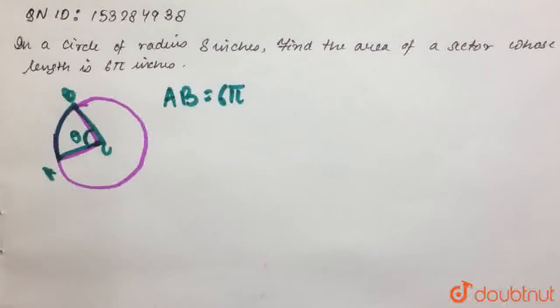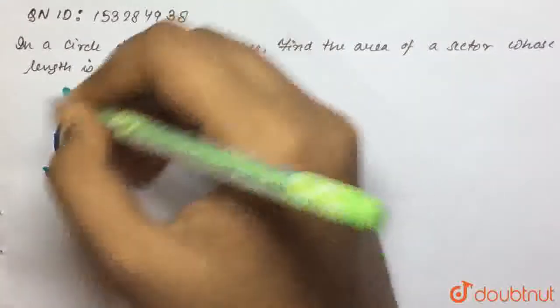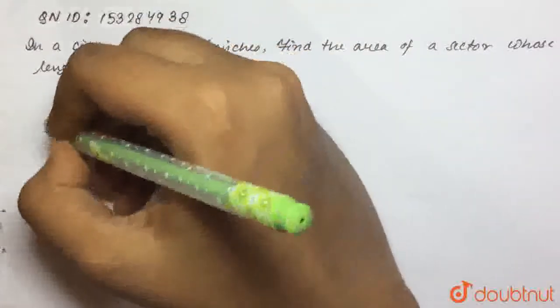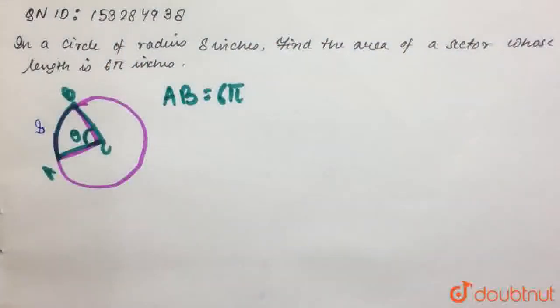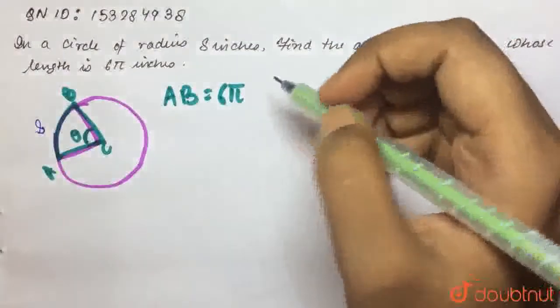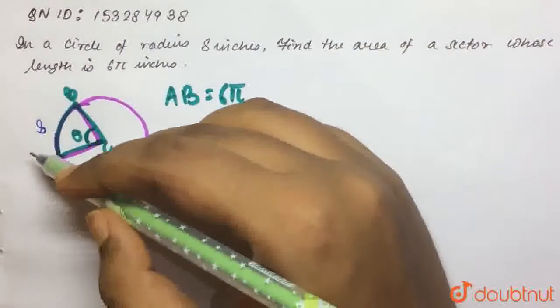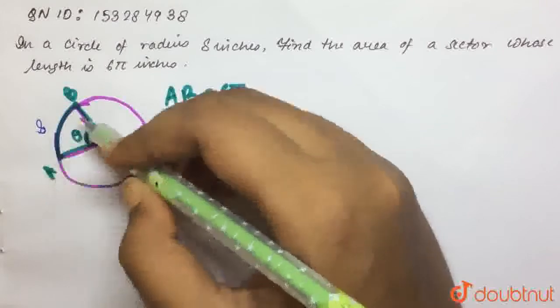So what is the length of a sector? Suppose for a general sector, not this particular sum, for this particular circle, the length of this sector is S. So how do we find S, or the length of AB?